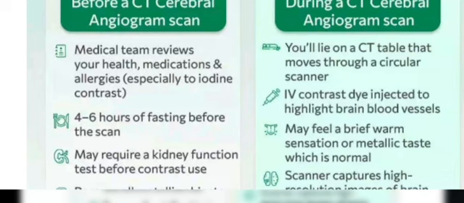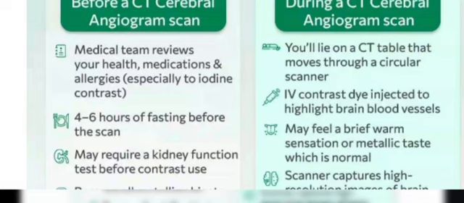Next, a small catheter will be inserted into the artery under fluoroscopic guidance, into the blood vessels in the groin. And the iodinated contrast dye will be injected to highlight the blood vessels, these are the brain's blood vessels.